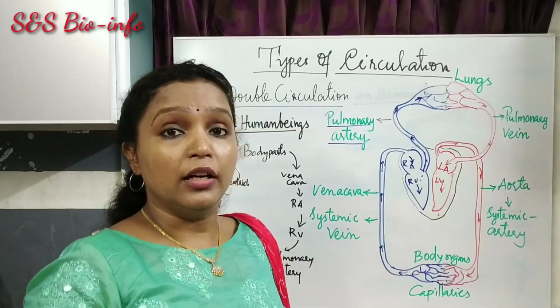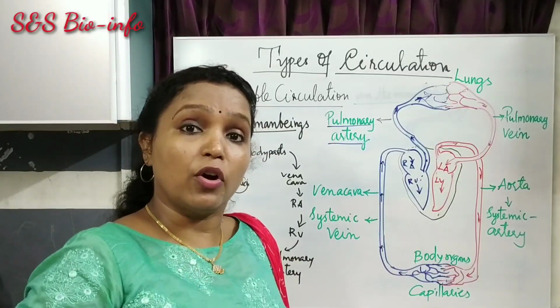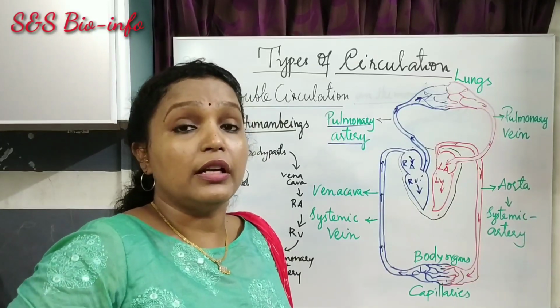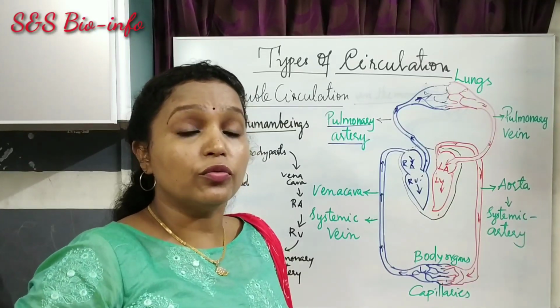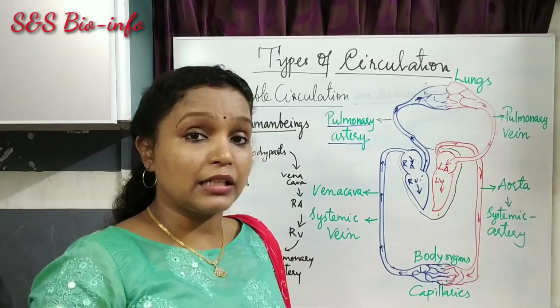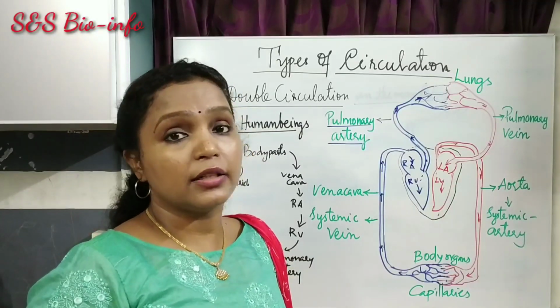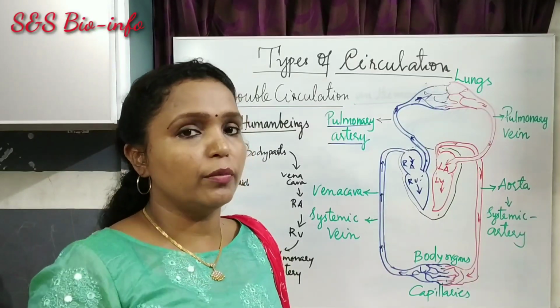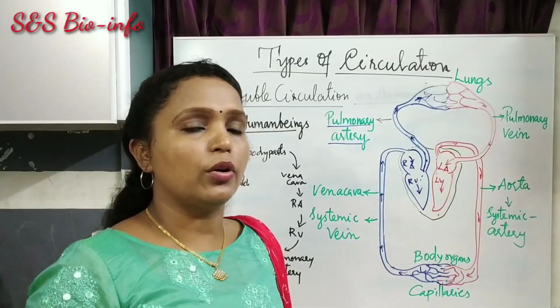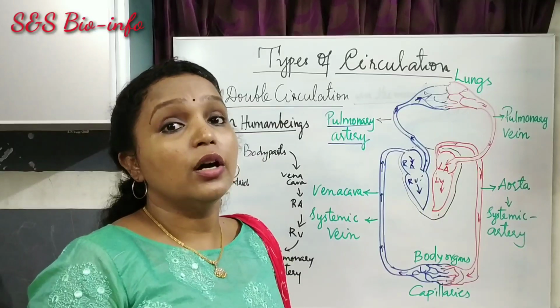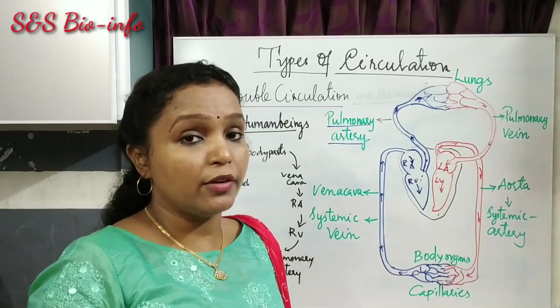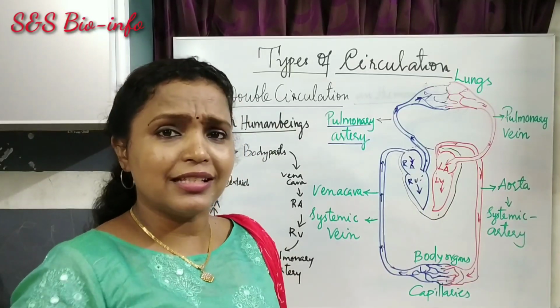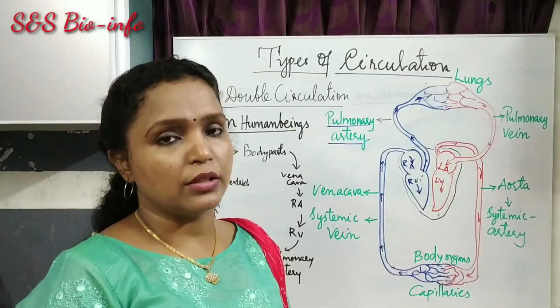Not only that, we need to maintain internal environment homeostasis, and also for various activities we move. That means we do various activities other than amphibians and reptiles. So we need more energy. In case of human beings, we think and we do a lot of work. So we need more oxygen rich blood for our activities. That is the significance of double circulation.